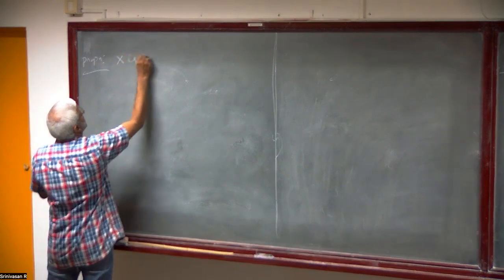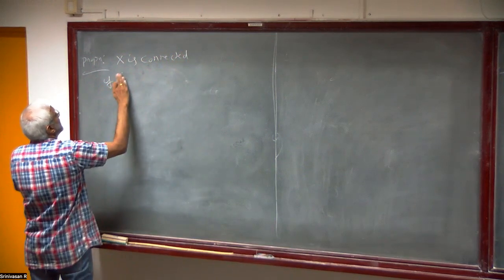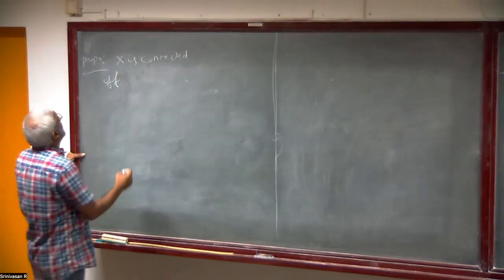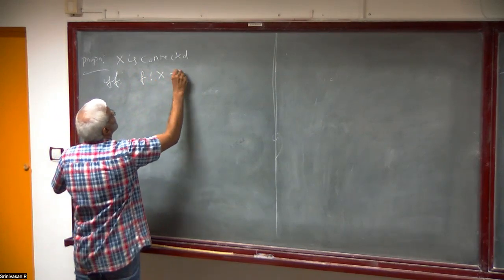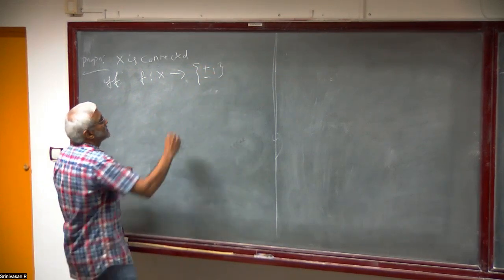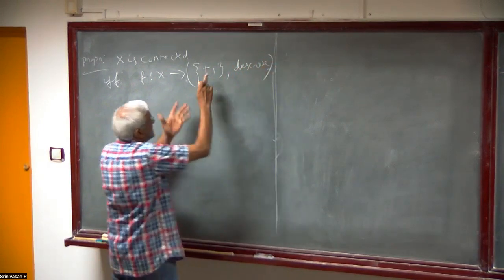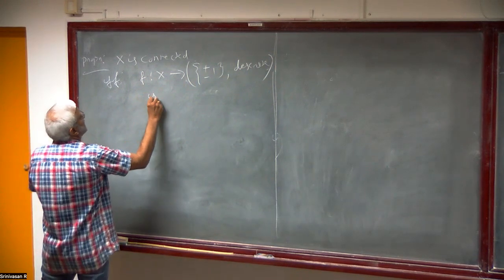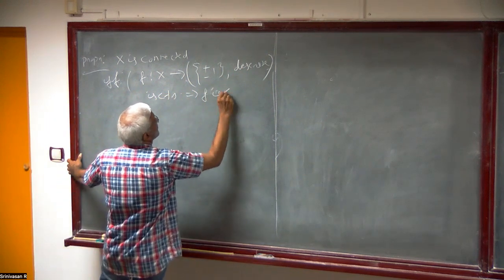X is connected if and only if every continuous function f from X to the set plus or minus 1, with the discrete topology, or the induced topology from the real line, which is the discrete topology, implies f is constant.